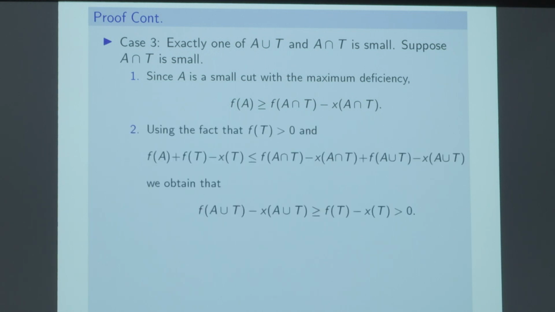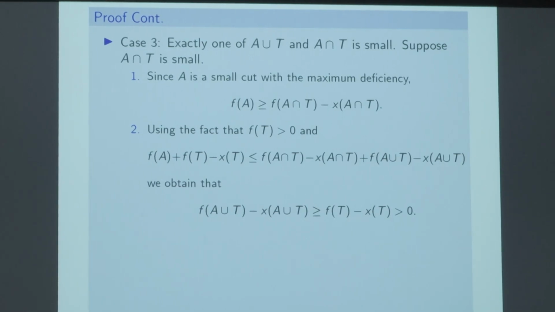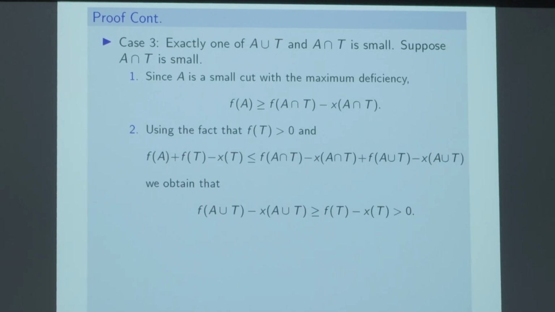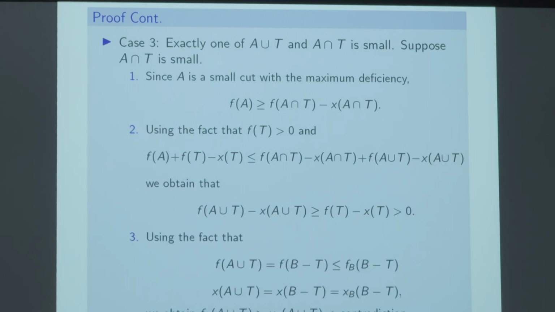And if this inequality holds, and we also have this inequality that I have stated here, this basically implies that F of A union T minus X of A intersection T will be greater than or equal to Ft minus Xt, which is strictly greater than 0.